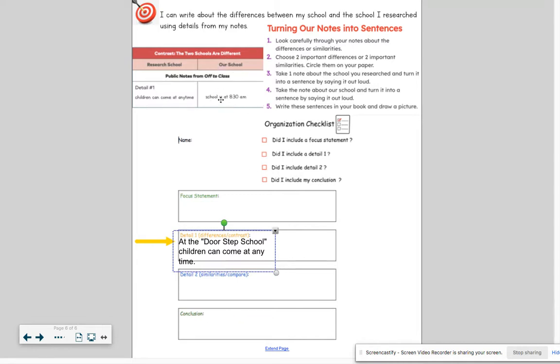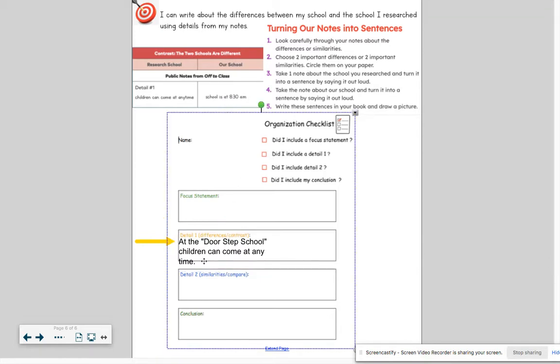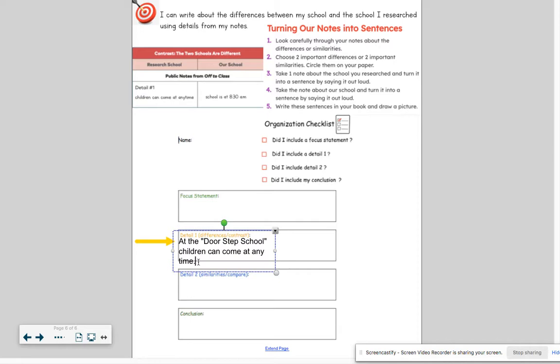And for that part of the note, I wrote, school is at 8:30 a.m. Well, we know that's not a full sentence. So let's think of how we can make it into a full sentence. Well, I know I'm talking about our school, so I think I can say, at our school, we start at 8:30.